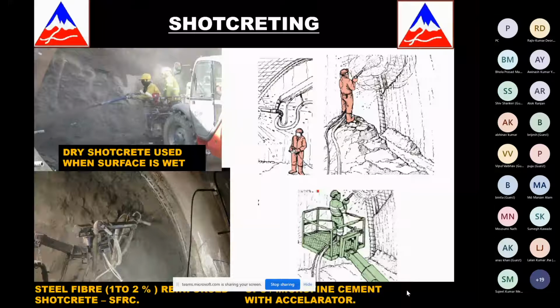And then there is shotcrete with steel fiber reinforcement, or nowadays we also have polymer based reinforcement available, which gives you multi-dimensional tensile strength. In normal grouting we can use ordinary Portland cement, but in poor ground conditions where we need quick strength, we can use microfine cement with accelerators.